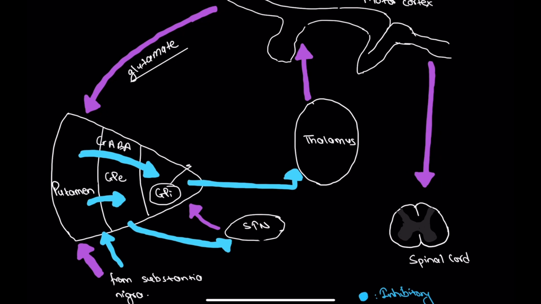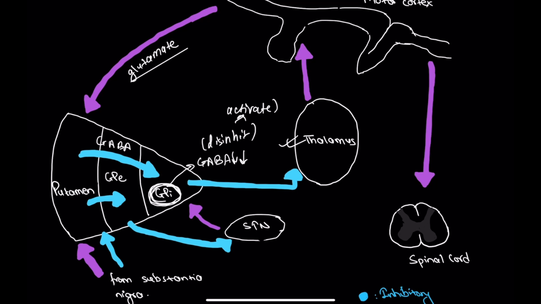Normally globus pallidus internus would produce GABA, but the putamen has released GABA, which is inhibitory in action. So it will inhibit the production of GABA in globus pallidus internus. So there will be less GABA. It means it will disinhibit, or activate, the thalamus.